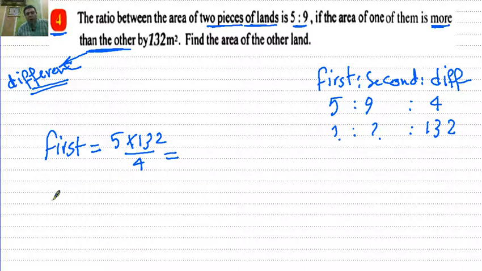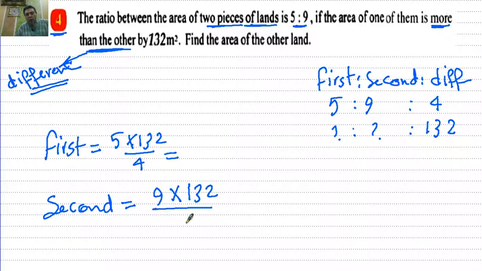Second equals 9 times 132 over 4. Then the first equals 165 meters. The second equals 297 meters.